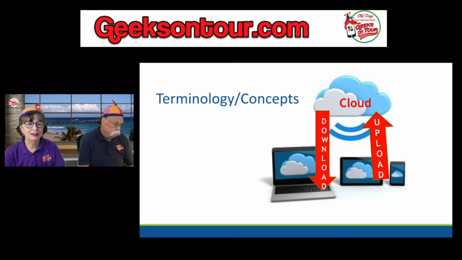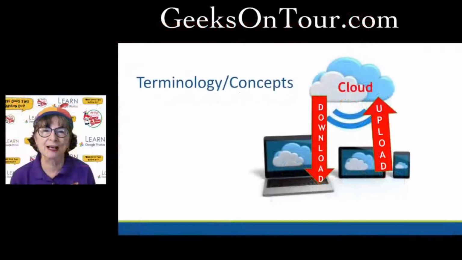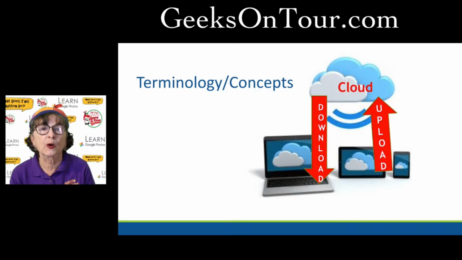Okay. So we're going to dive into this topic now. First, there's some terminology and concepts. I want to make sure that we're all on the same page with how I'm using these words. So cloud, when I say cloud, I'm just talking about somewhere in the internet. I'm not talking about a particular cloud.